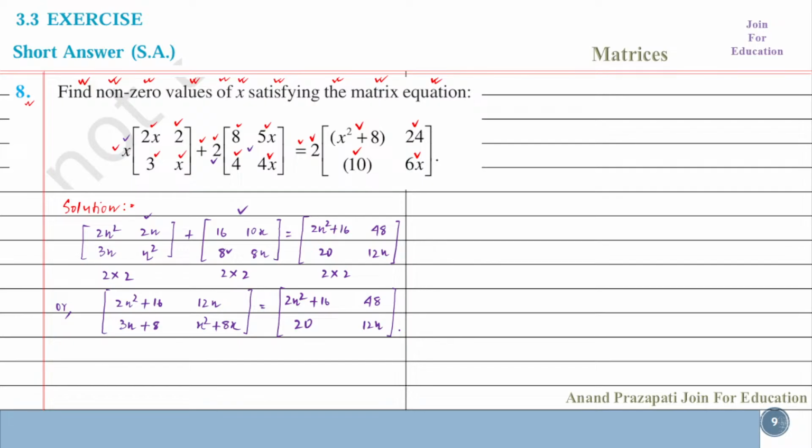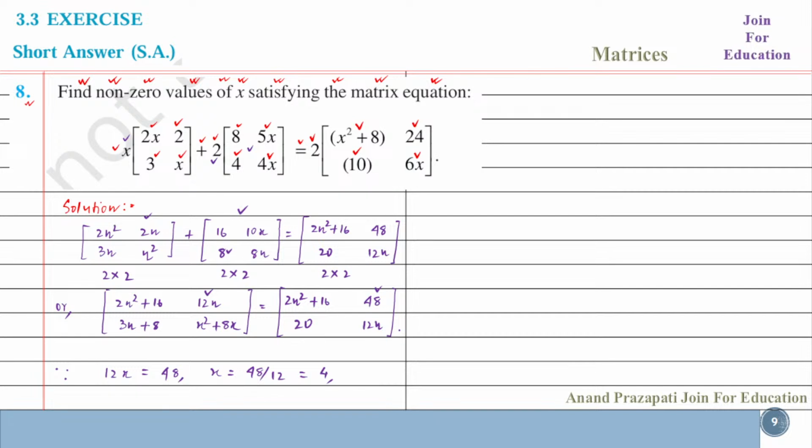We compare the corresponding elements to find the value of x. Then we compare 12x by 48. Therefore x equals 48 by 12 equals 4.